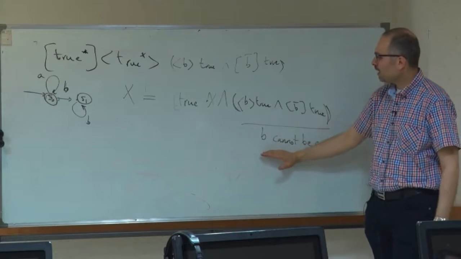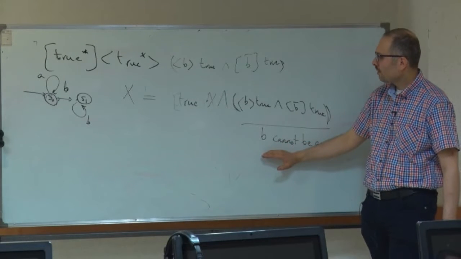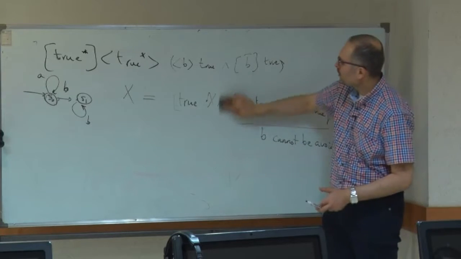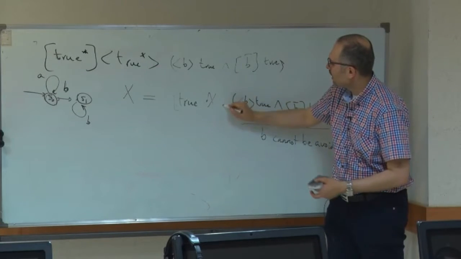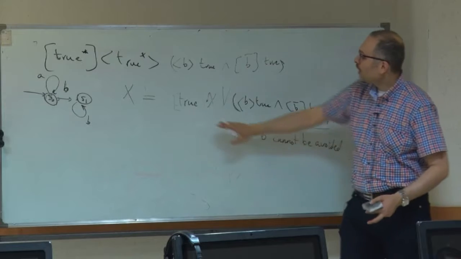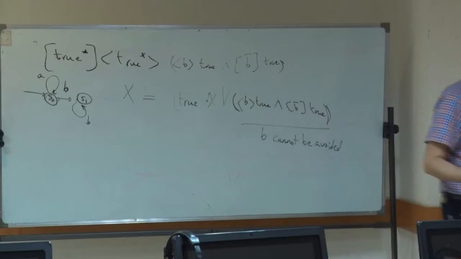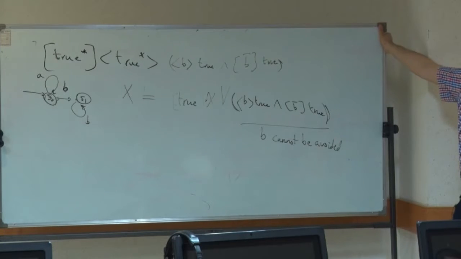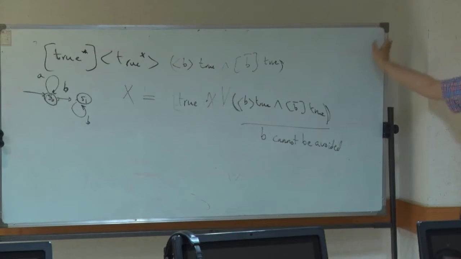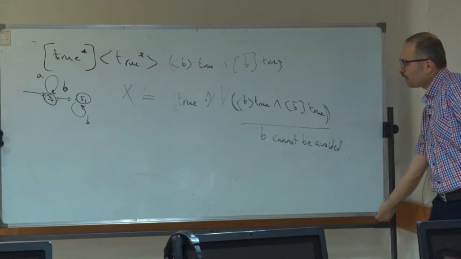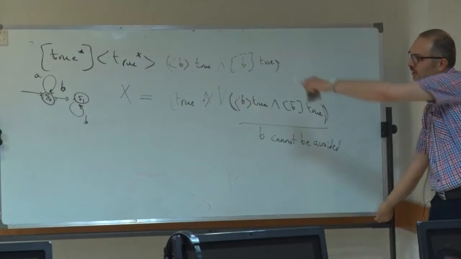So either I cannot avoid B right now. No, I think that the one that I wrote before was okay. Either I cannot avoid a B right now, or no matter how I do something, I will end up in a state in which X is satisfied, meaning that eventually B cannot be avoided in the future. Okay? So let's calculate the minimal and maximal fixed point for this one based on this transition system.